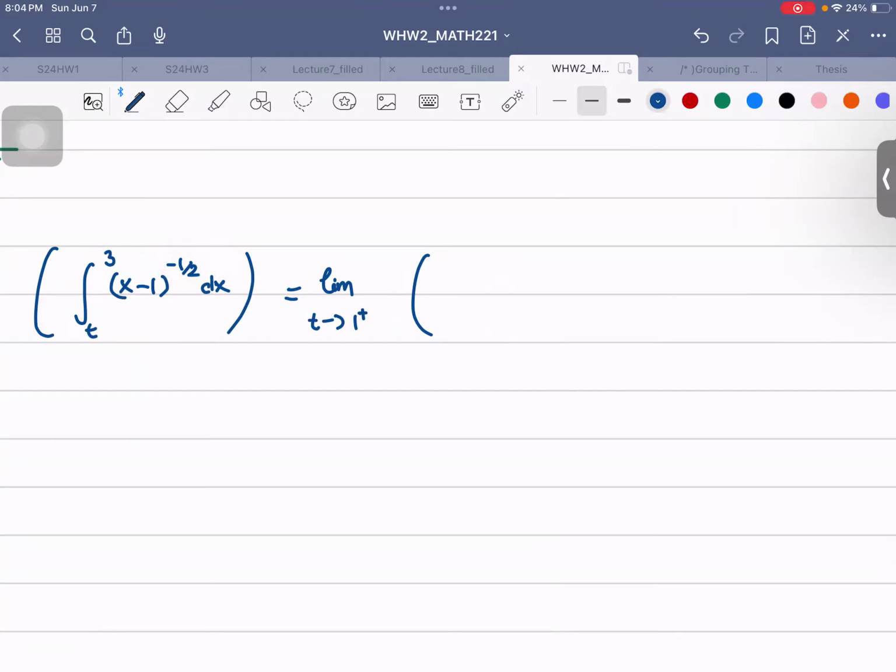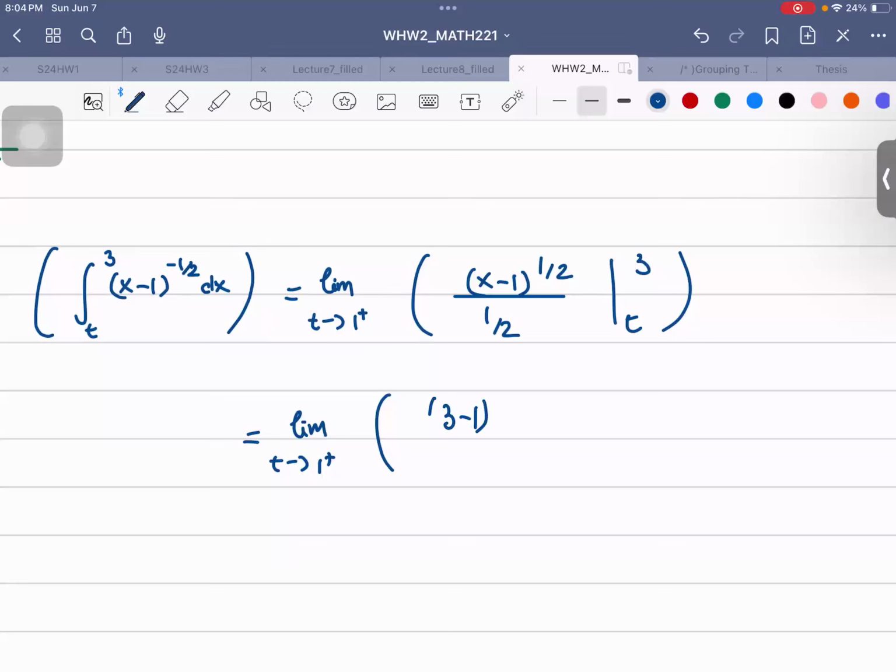You add 1 to your power, so you have x minus 1 to the power of 1 half divided by 1 half. Then you plug in the upper bound and lower bound. As t goes to 1 plus, you have 3 minus 1 to the power of 1 half divided by 1 half, minus t minus 1 to the power of 1 half divided by 1 half.